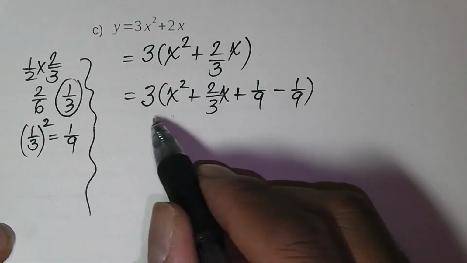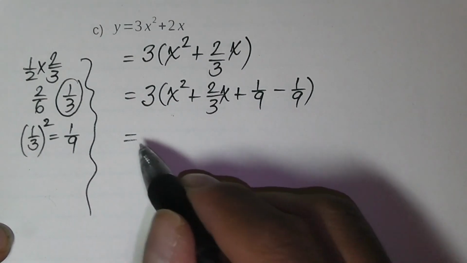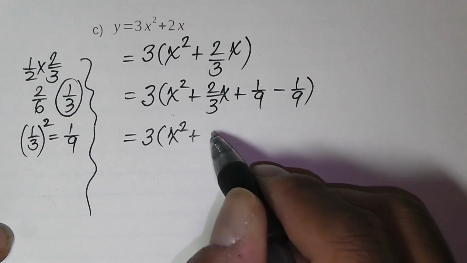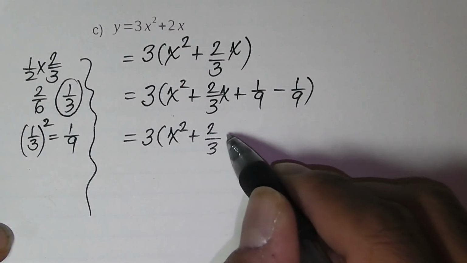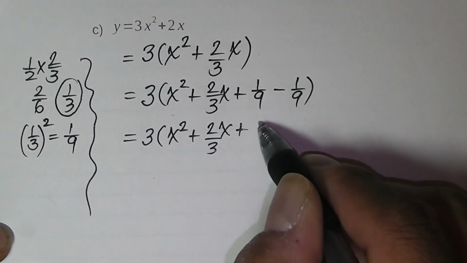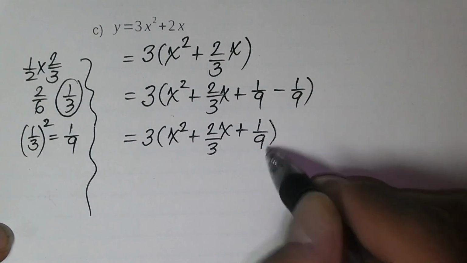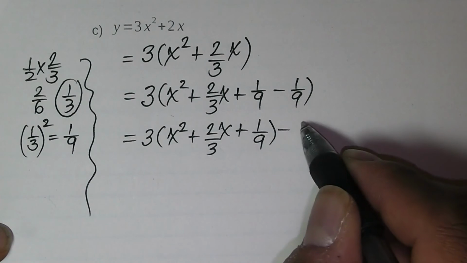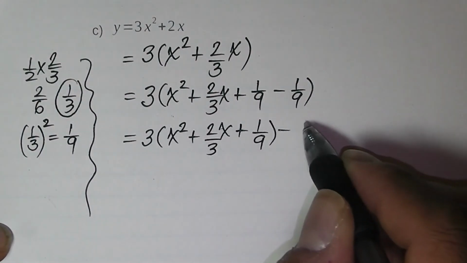I'm going to group those three in the bracket. Positive 3 times negative 3 times 1 over 9.